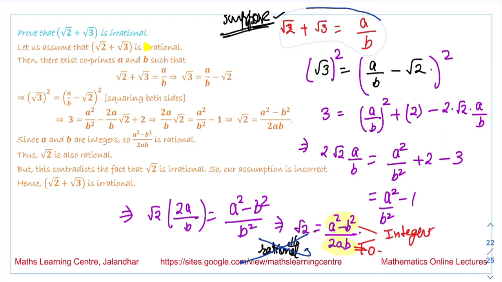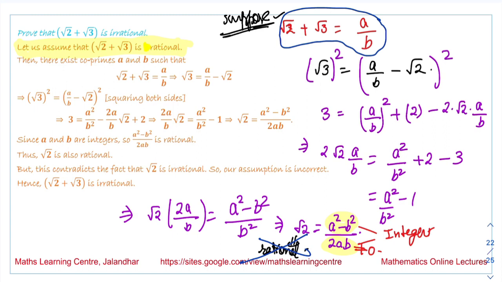It means our supposition that this number root 2 plus root 3 is rational, what we assumed over here, is wrong. It means that the given number is an irrational number.